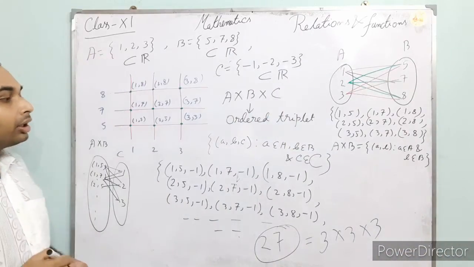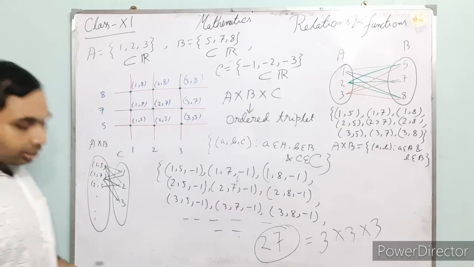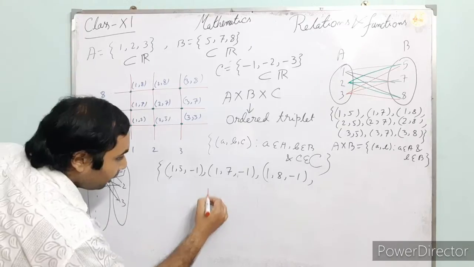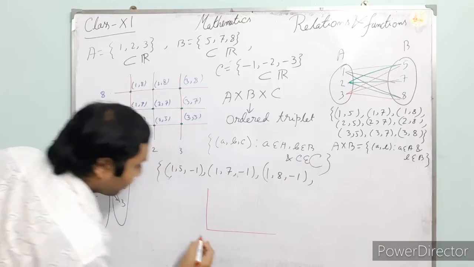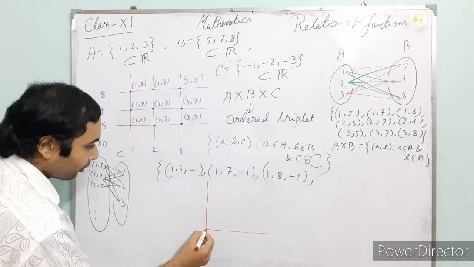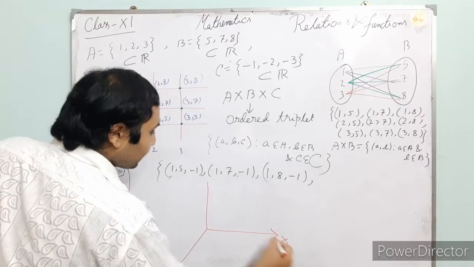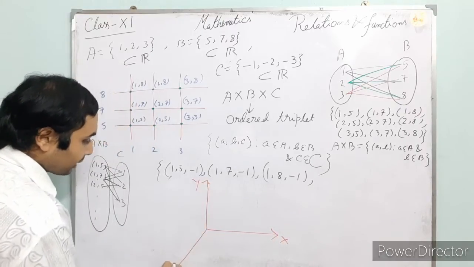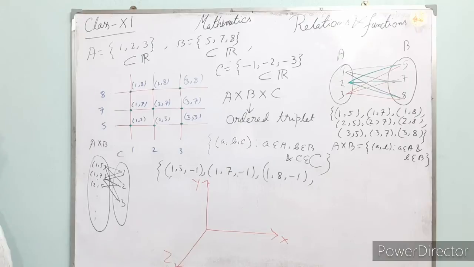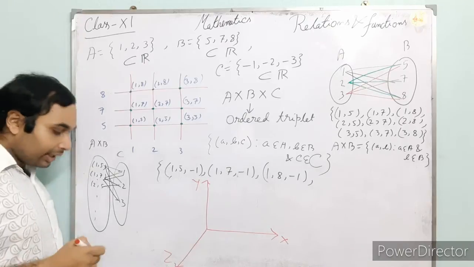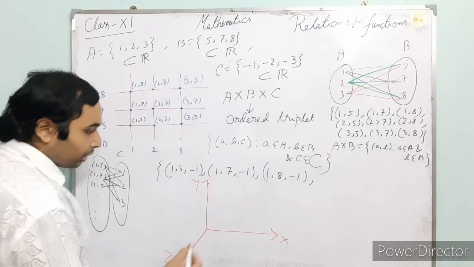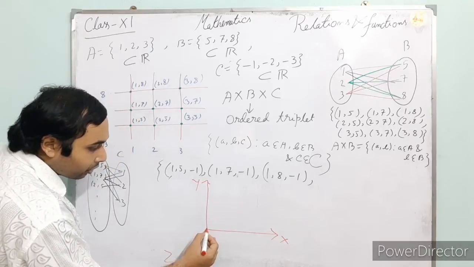Now what are those? Let me explain. Those are the axes, this is the x-axis, this is the y-axis, and this is the z-axis. The third axis is called the z-axis. Actually those are like that. We are taking like this, but those are like that.